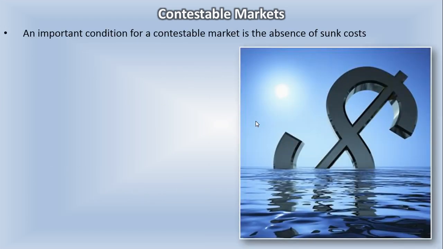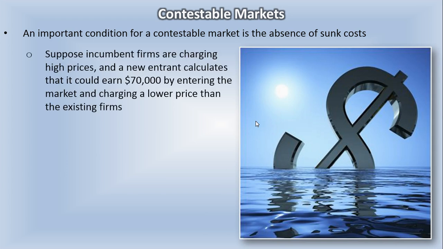So an important condition for a contestable market is the absence of sunk costs, as I mentioned. So suppose the incumbent firm, the firm existing, is charging high prices, and that a new entrant, so the new firm that is threatening to enter the market, calculates that it could earn $70,000 by entering the market and charging a lower price than the existing firms.